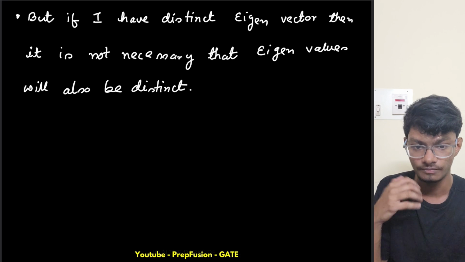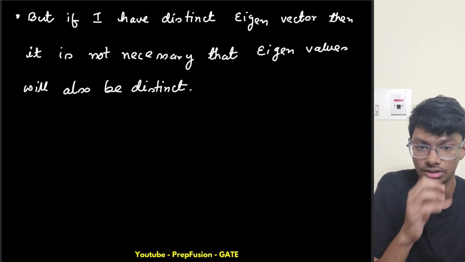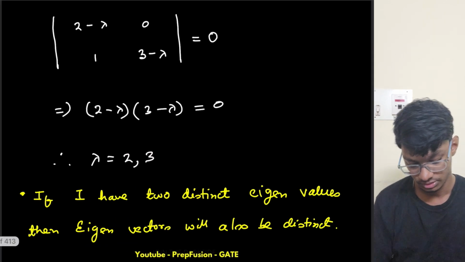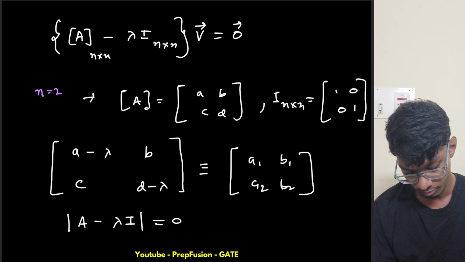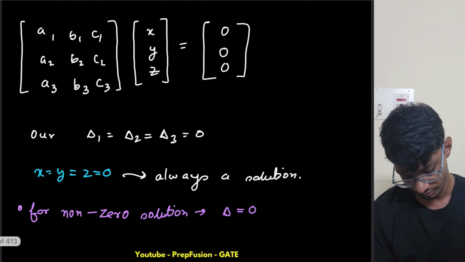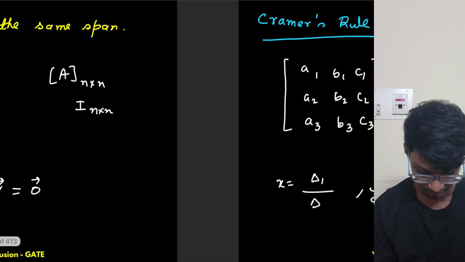Now, how to find the eigenvector? I got the eigenvalues. I will put the values in the first primary equation.